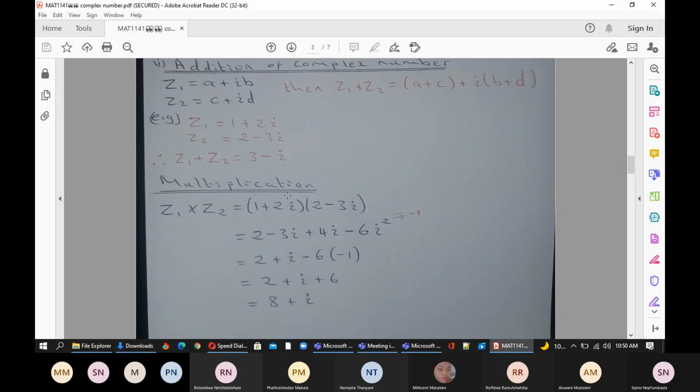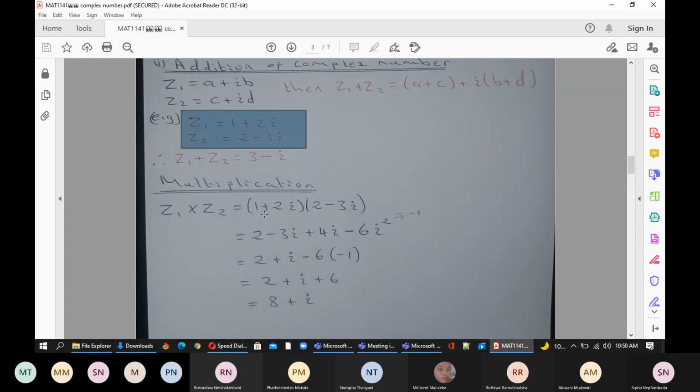So now, let's see multiplication. Z1 times Z2 is equal to what? Open bracket, 1 plus 2i, times 2 minus 3i. We're using the same values. Where it says Z1, we substitute with 1 plus 2i, and where it says Z2, we substitute with 2 minus 3i. So what do we do from here?